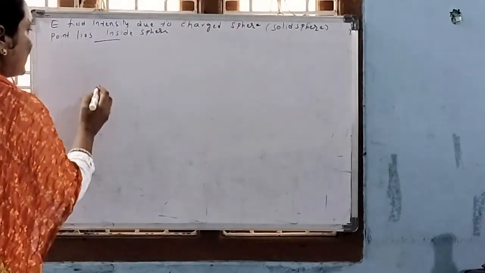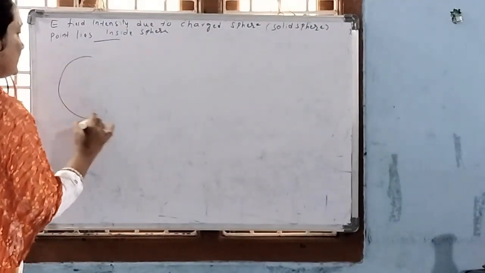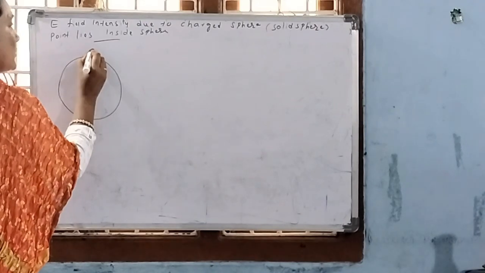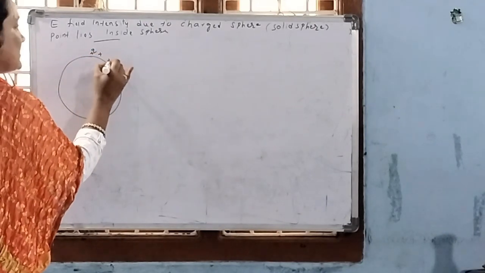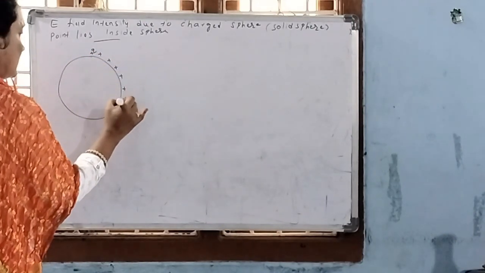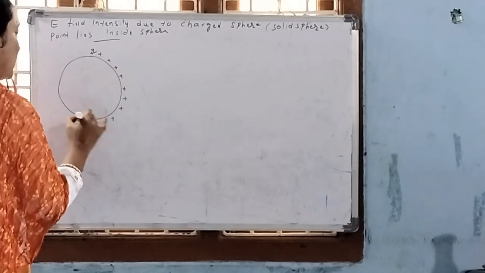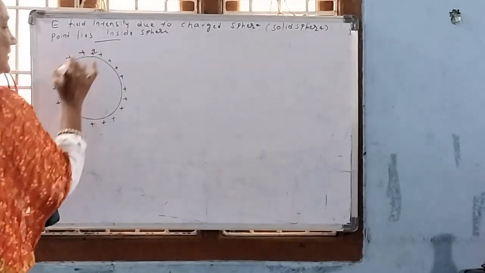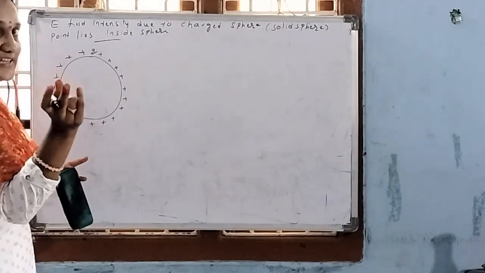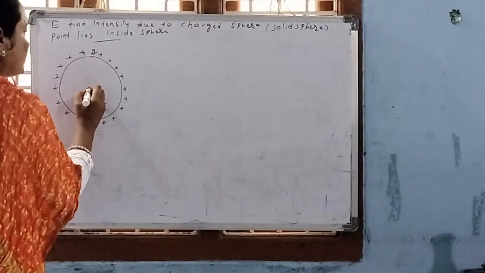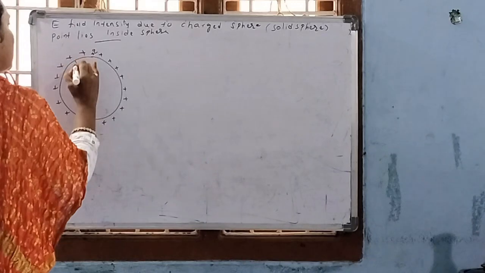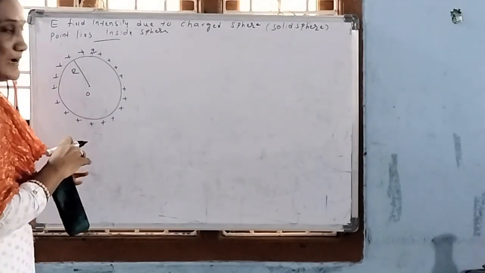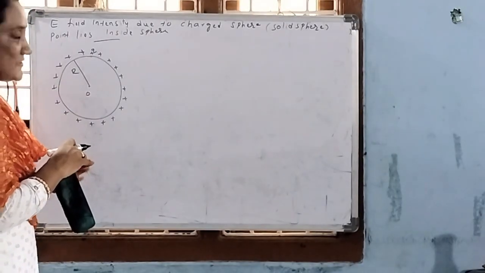So now I am taking a solid sphere. As usual, Q charge is distributed uniformly throughout the sphere. Inside the sphere also charge is there. Now as usual, O is the center, R is the radius of the sphere.